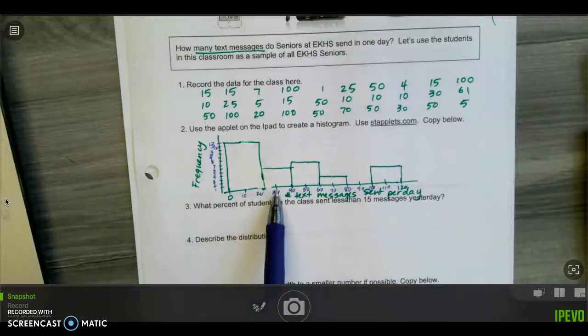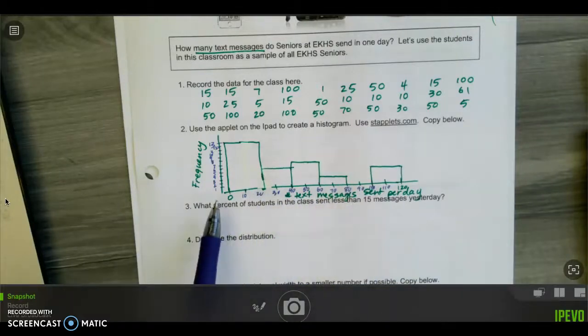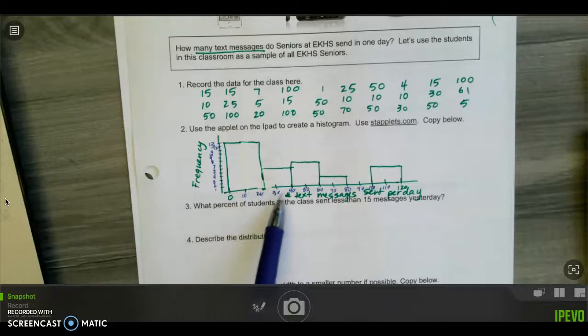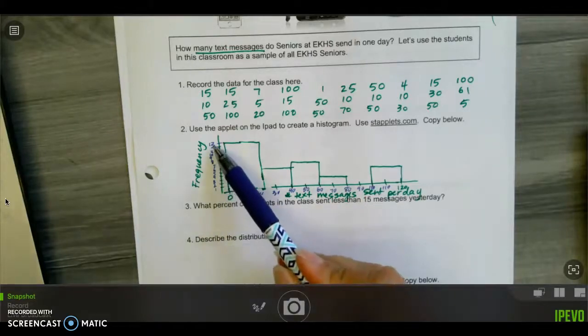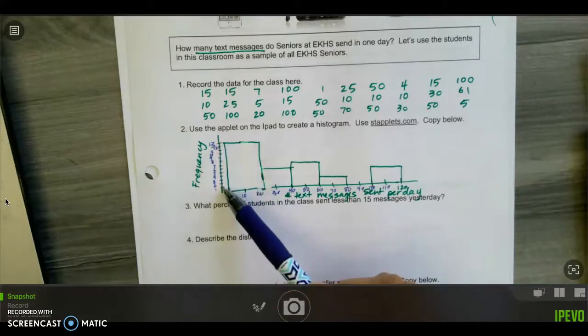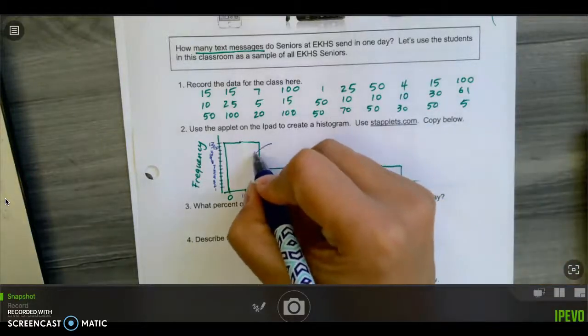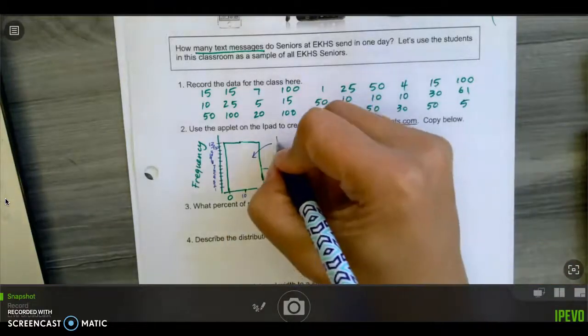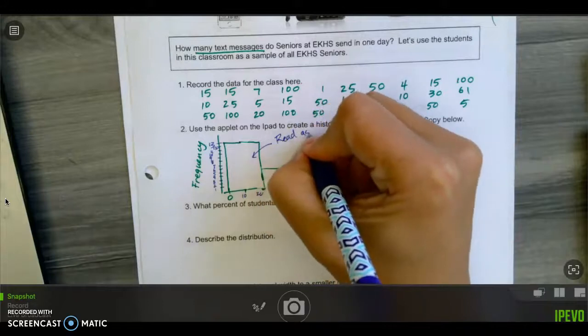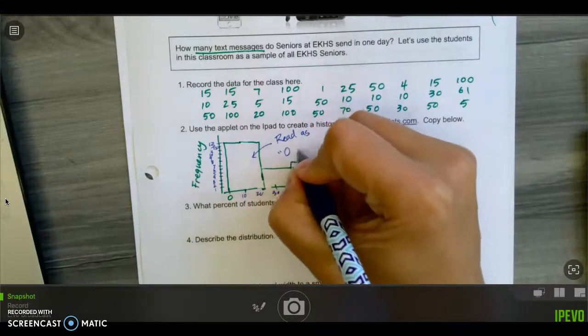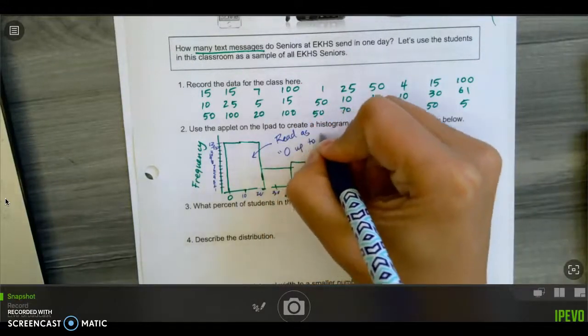Notice also that the scale is the same. I don't want to jump numbers, and I don't want the spacing to be different. I know my frequency numbers got kind of squished in there. But the way we will read this, I would say read as 0 up to 20.